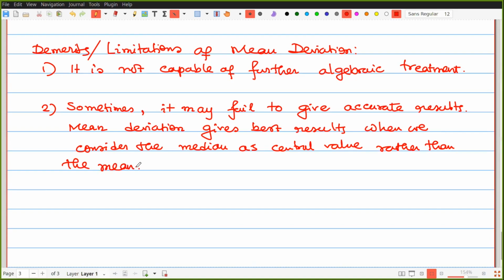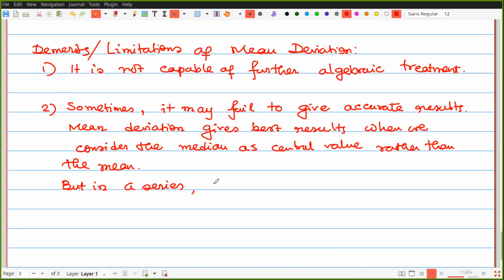That means mean deviation is less accurate than the median deviation. Most of the cases when we are finding the mean deviation, if we find the median deviation, that gives a more accurate result.